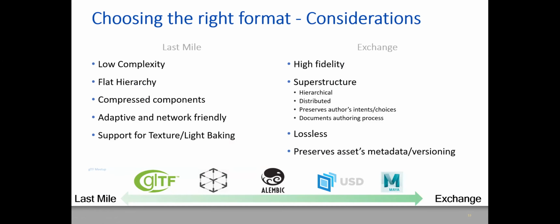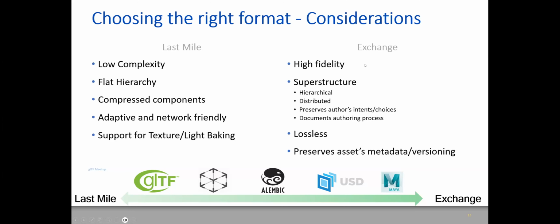And what is really of interest for what MPEG is doing, but also for the industry, is having a last mile distribution to consumer devices, where you basically reduce the complexity, you flatten the hierarchies, you're using compressed components for using the network. It's basically adaptive to devices, to networks, and it basically supports features such as textures, light baking, and so on and so on.